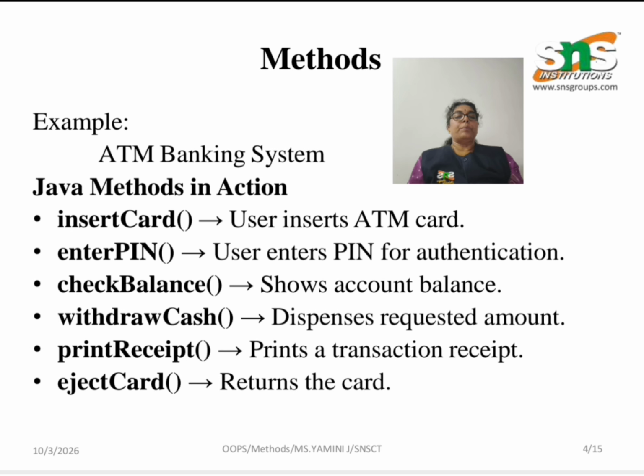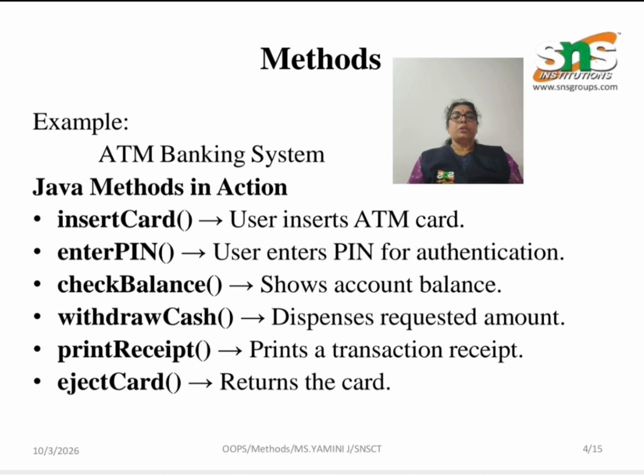This operation can be represented by a method called insert card function. Next one, the user enters the pin for authentication. This can be implemented using the method enter pin function. After authentication, the user may check their account balance using the check balance function.